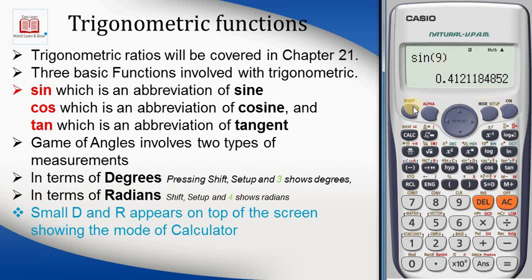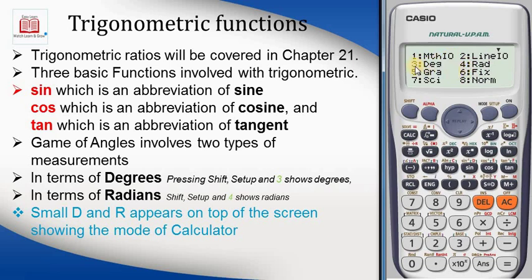I have to set up the calculator. Check the setup key, which is the secondary function of this key. Just press the shift key to enter into the setup, and go to options 3 and 4.